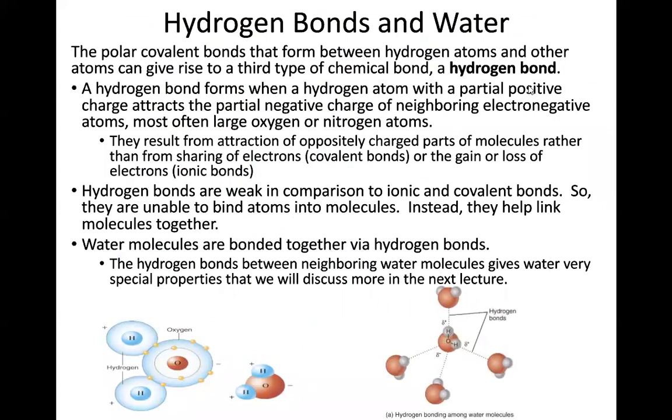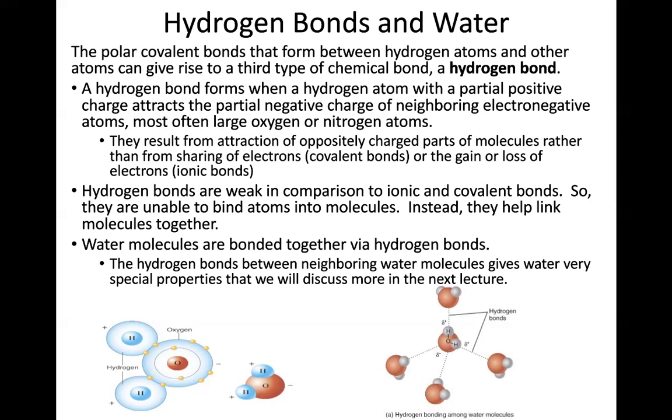With hydrogen bonds, what we're doing is we're taking an already formed molecule and we're sticking it to another molecule. Like what happens when you take water, H2O, and you bond it to another water, another H2O. You're not forming a new molecule, you're sticking them together. Okay, and it all relates to opposites attract.